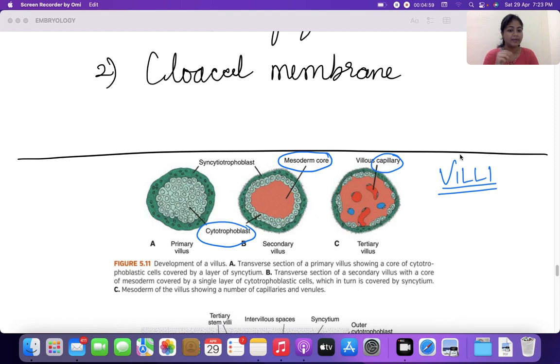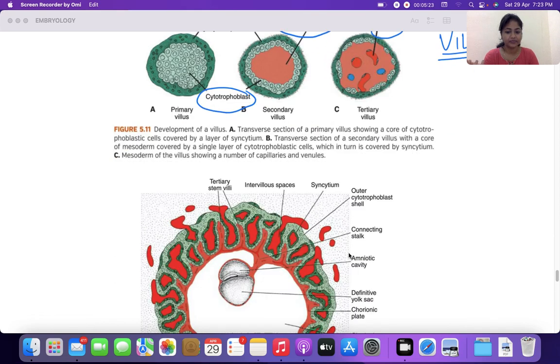Coming to the changes happening in villi, in the third week it is tertiary villi. So you can see in this image, initially the core is only cytotrophoblast and syncytiotrophoblast. In secondary villi, the mesoderm will invade and occupy the core. In tertiary villi, there will be capillaries developing inside the mesodermal core.